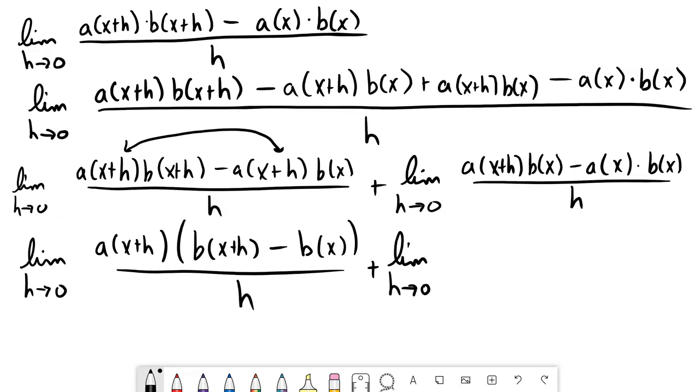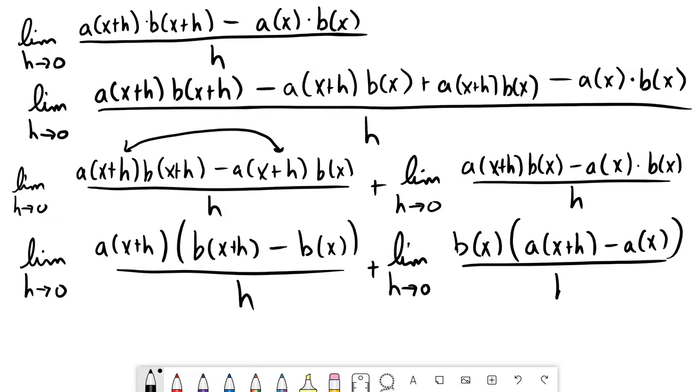Think about what the formula of the derivative is. So we're going to factor out b of x, because that's the common factor in this pair. And then something else also emerges. Look at the term that's still left in the parentheses, not the a of x plus h, but the other term. That kind of looks familiar.